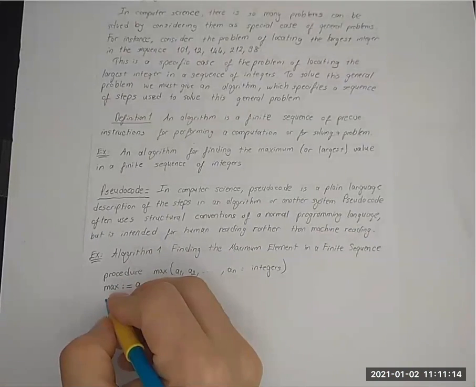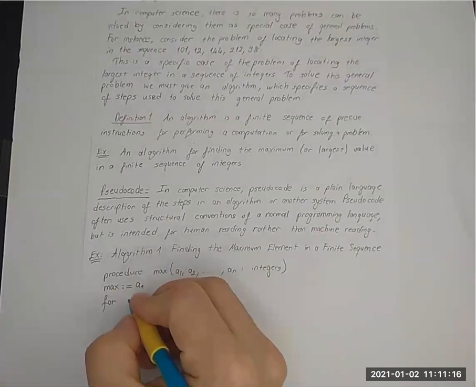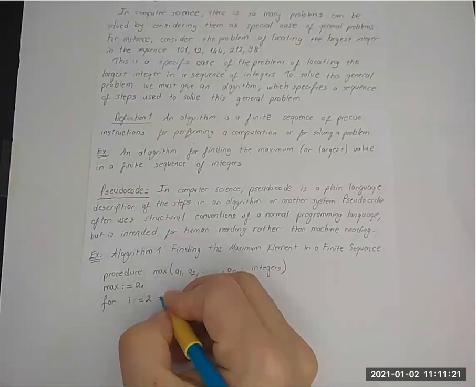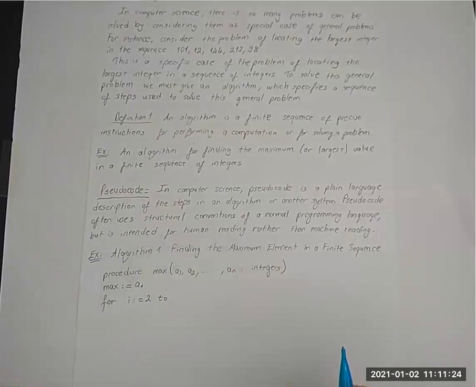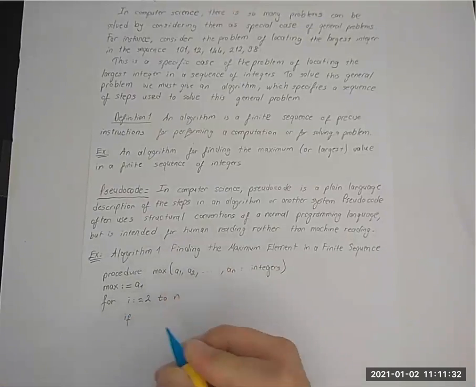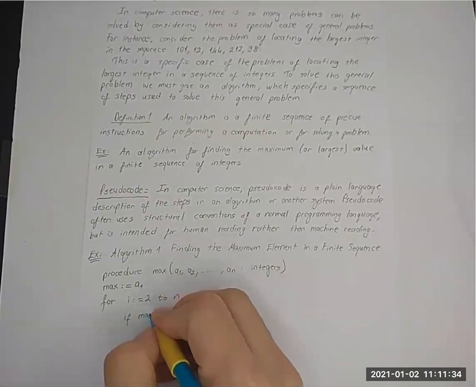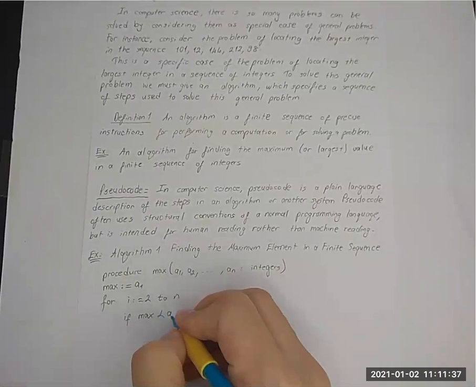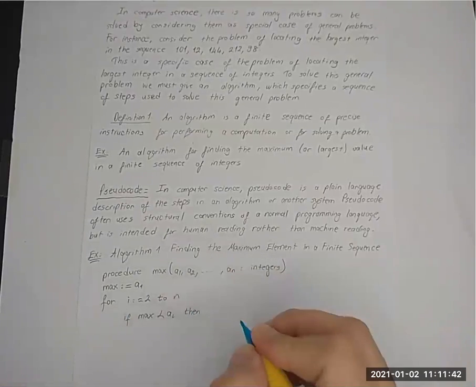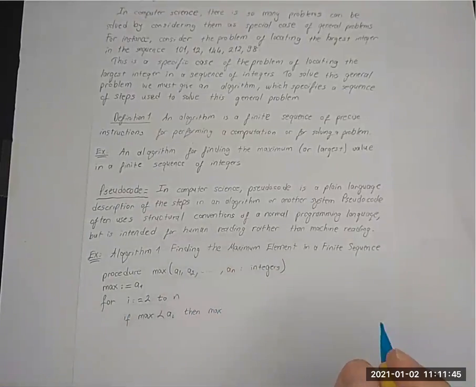For i equals 2 to n, these are the indices of the sequence, if there is the condition max < Ai, then max = Ai. This is comparing the next value with what we have as the first value in the maximum.